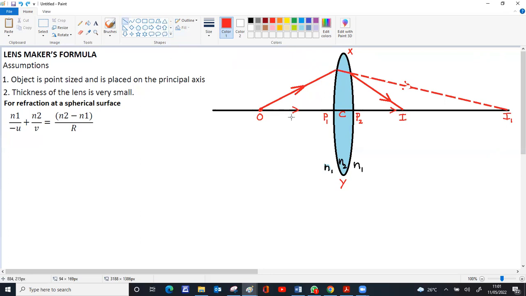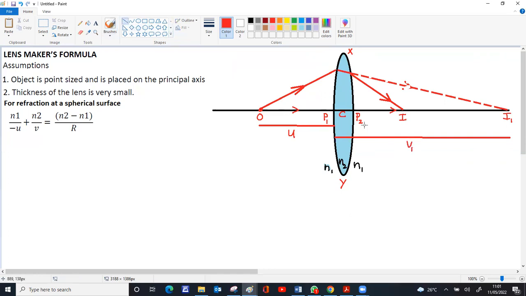Now, the distance from O to P1 is the object distance, u. The distance from P1 to the first image, imaginary, which was supposed to be formed if the second surface were absent, but could not be because the second surface is really present, is v1.